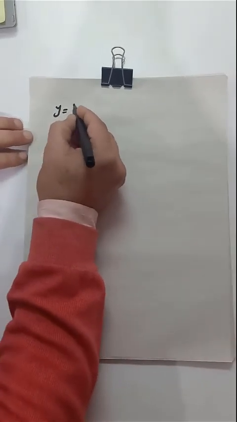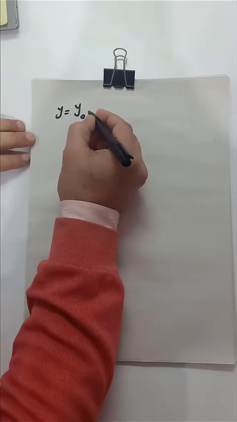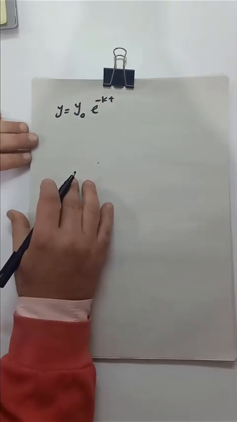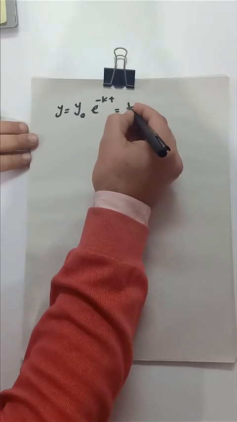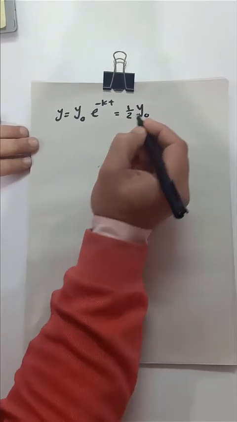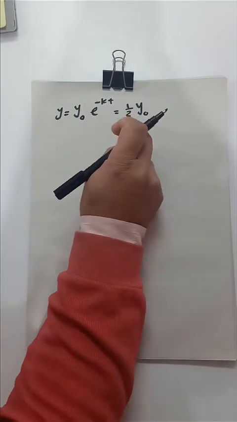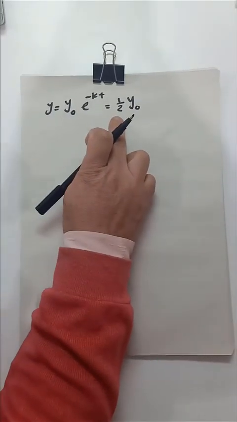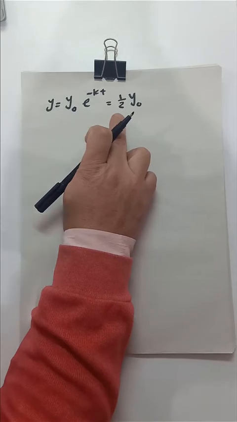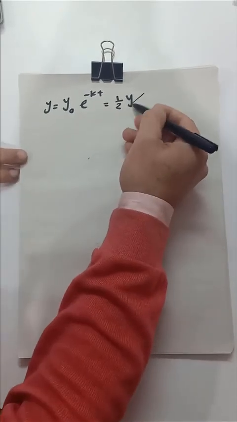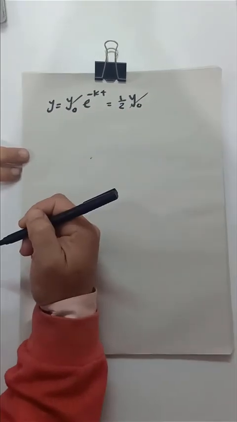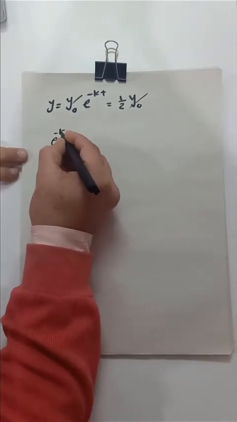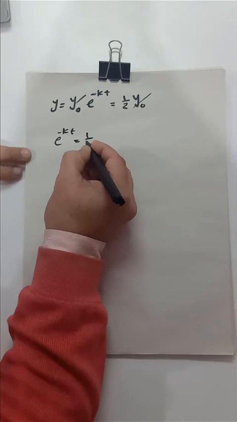y equals y naught e power negative kt. This equals half y naught, because this is the half-life, half of the initial value of y. If we omit y naught from both sides, we have e power negative kt equals half.